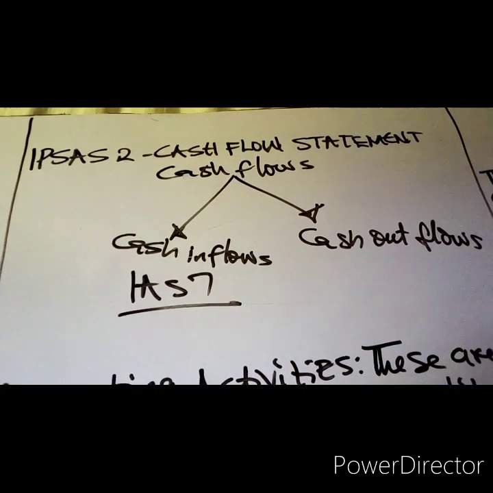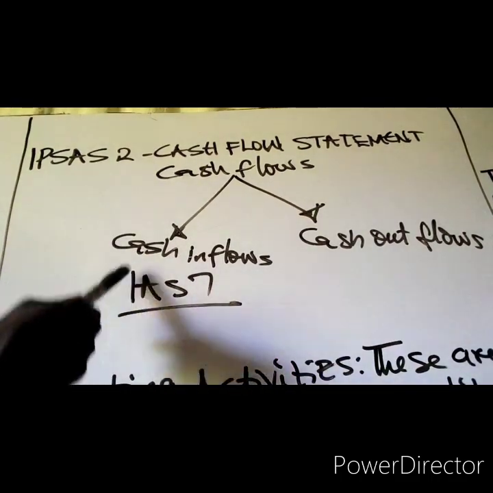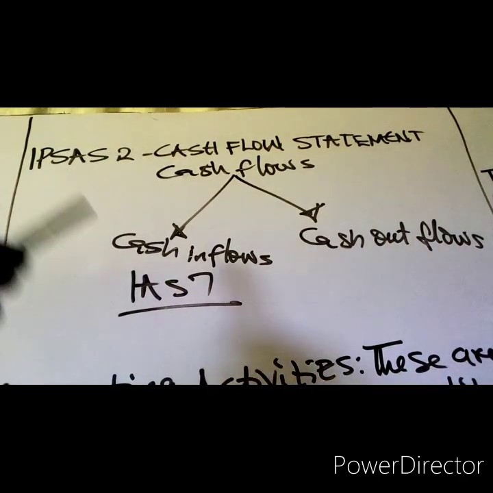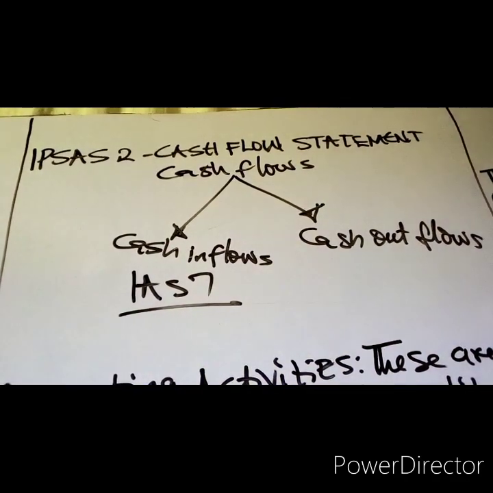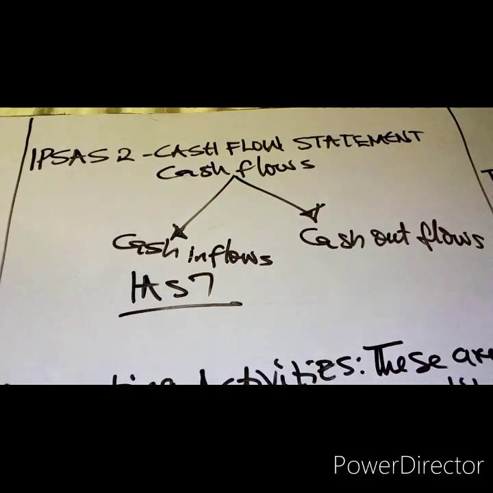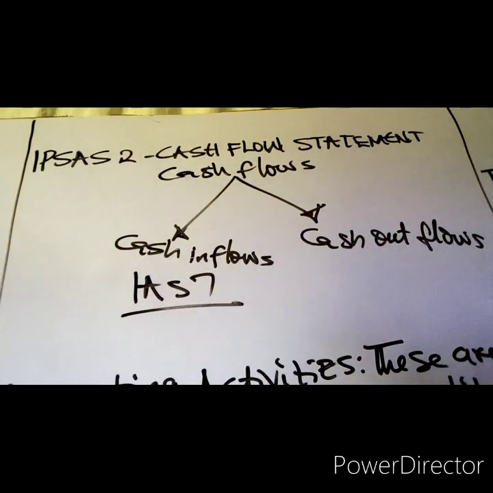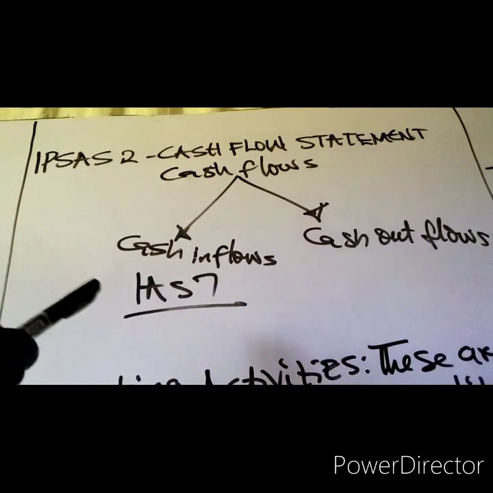Neither the statement of financial position nor the statement of profit or loss gives a satisfactory explanation of how a business obtains and uses its cash. Neither the statement of financial performance nor the statement of financial position gives a satisfactory explanation of how the business uses its cash.